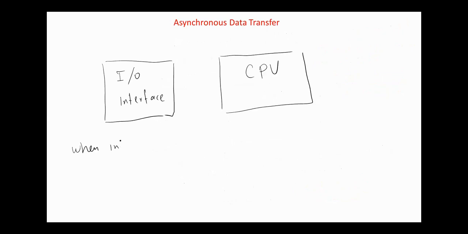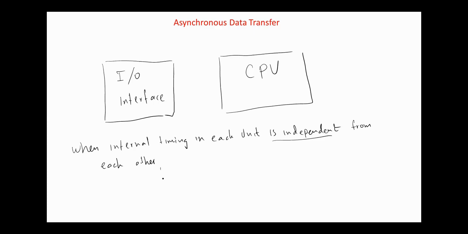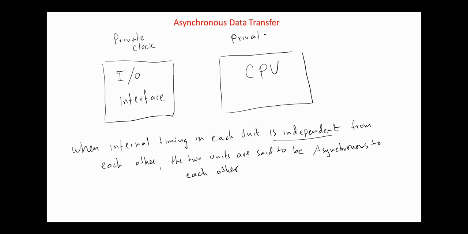When internal timing in each unit is independent from each other, in this case, the two units are said to be asynchronous to each other. This means that in the asynchronous data transfer, each unit has its own private clock.